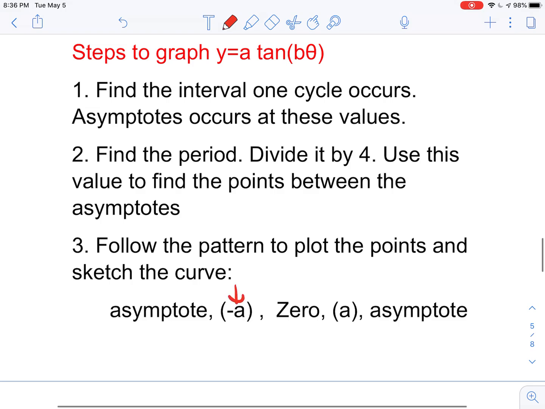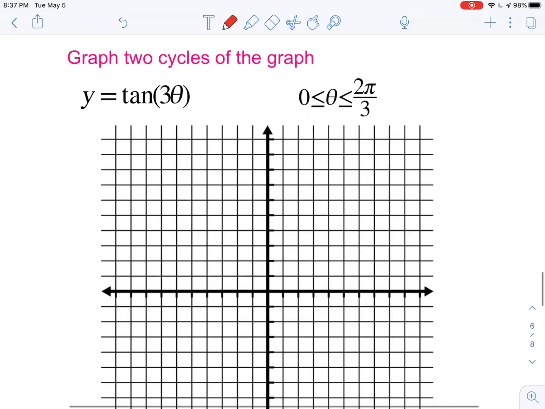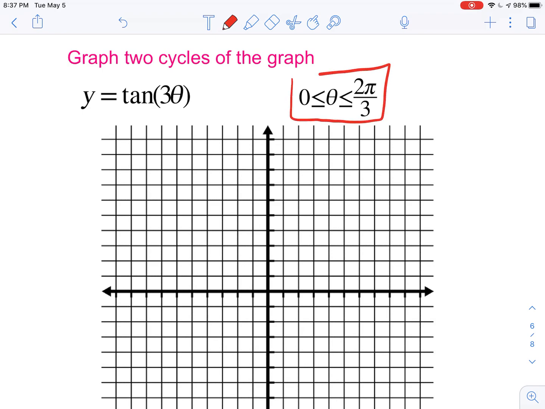Now, the pattern's a little bit different in that it goes asymptote, then your negative a value, then your 0, then your a value, then your asymptote. Okay, so that's where your a value comes into place. And again, the a value is really just going to be a vertical stretch or compression. So if it's bigger, you'll see a little bit of height with those a and negative a values, okay? But it's going to follow the same pattern. Now, you can keep repeating that for every cycle you want to draw.